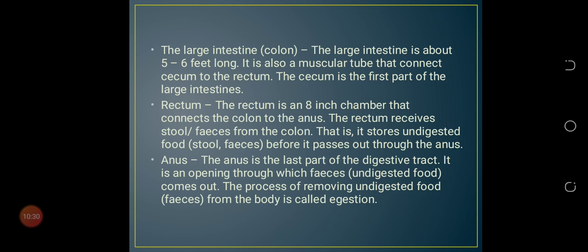Let's move on to the rectum. The rectum is an 8-inch chamber that connects to the anus. The rectum receives stool or feces from the colon, or the large intestine. That is, it stores undigested food before it passes out through the anus.